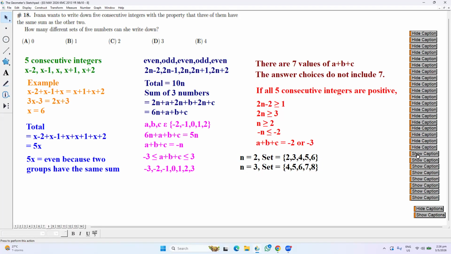And you can check the sum. 2 plus 3 plus 5 equals 4 plus 6, which is 10. Then 4, 5, 6 add to 15, equal to 7 plus 8. So we get the answer C equals 2.